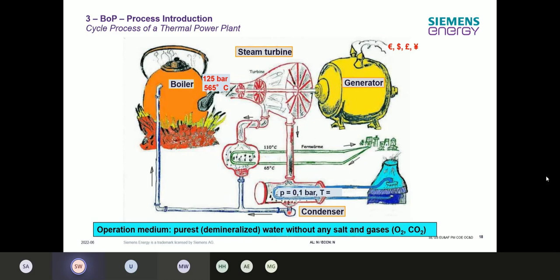That's our medium, which is of course expensive to produce. That's why we want to save as much as possible of it, so that we don't need to reproduce this water a lot. So that should be a closed circle.